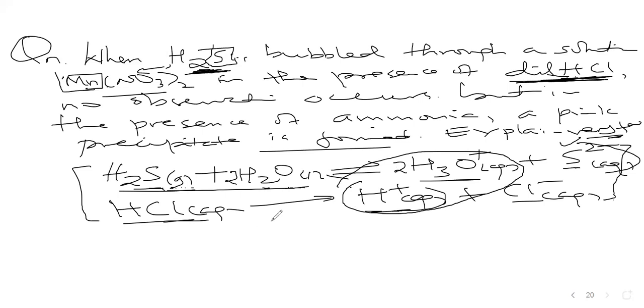Very few sulfide ions, such that the concentration of sulfide ions that is very low is not enough for the ionic product of manganese 2 sulfide to exceed its solubility product. Hence, it cannot be precipitated. Are you getting the idea?